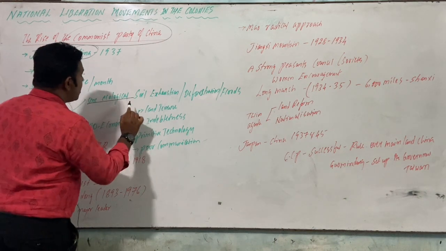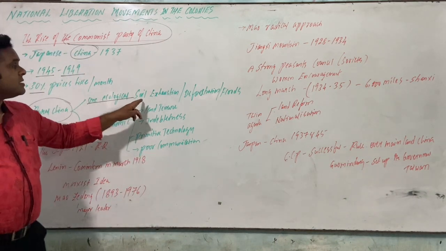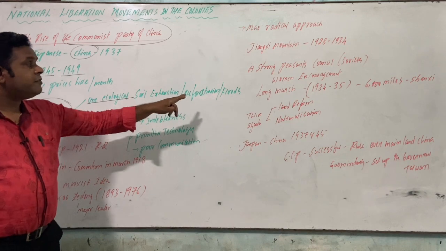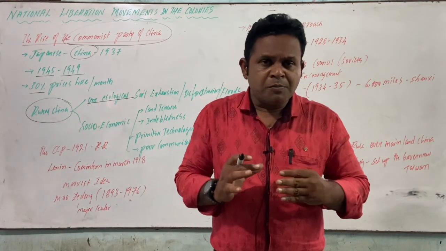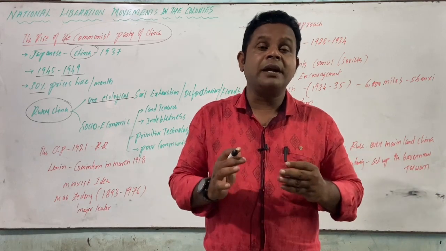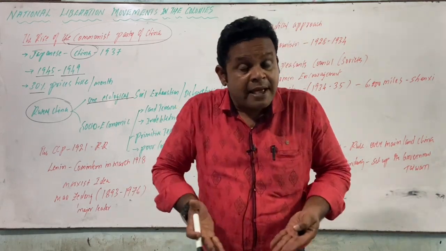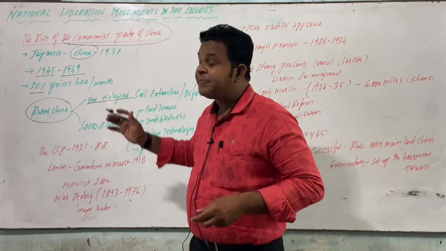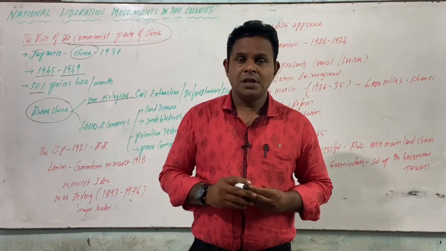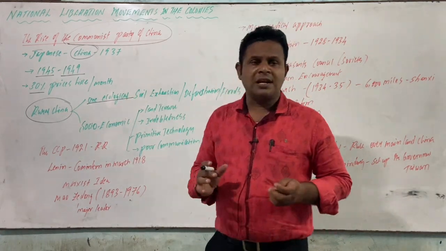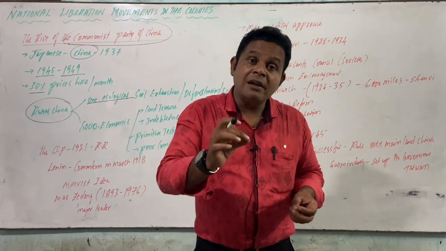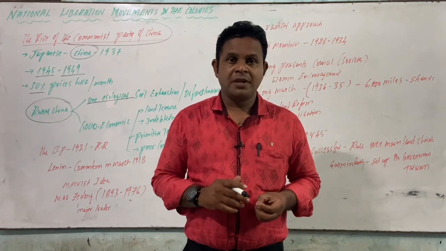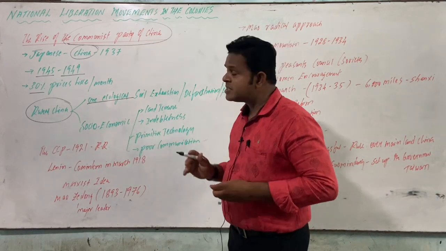One is ecological: soil exhaustion, deforestation, floods. Environmental protection is needed, and what we have to maintain is ecological balance. But this ecological balance became imbalanced, like soil exhaustion and soil erosion. The fertility of the soil was lost. That was the situation.